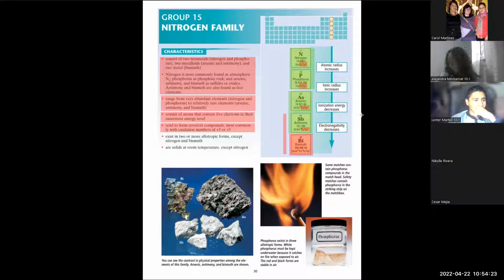Well, that part also contains phosphorus, and the friction between the two, the match head and the strip, is what creates heat, which in the end is fire. Fire is another state of matter.